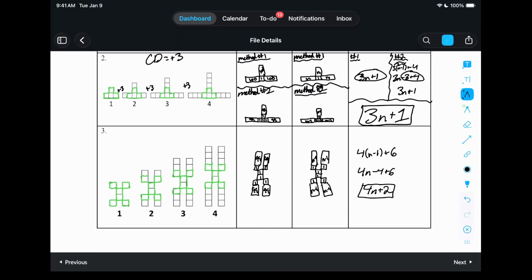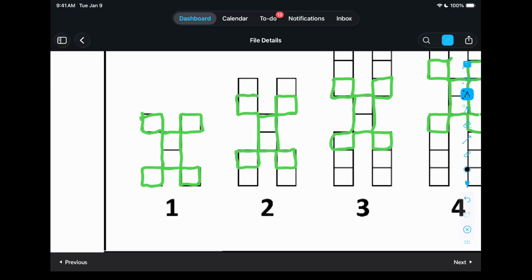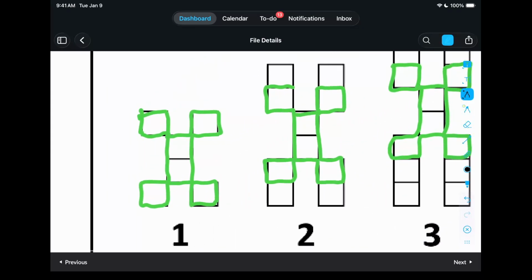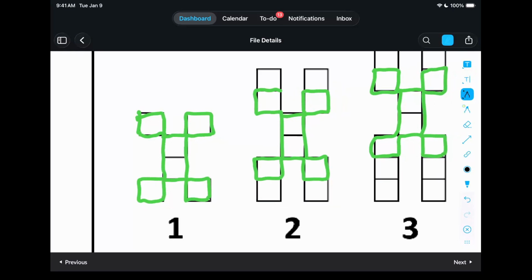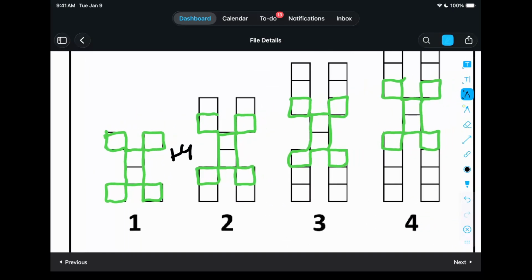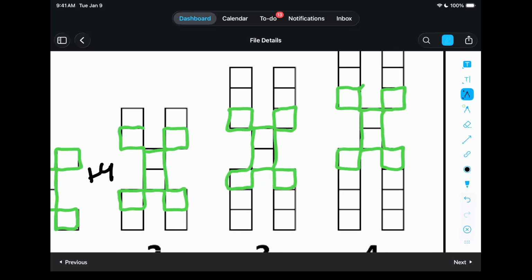Oh, hold on. I almost forgot the common difference again. C, D, bang. So, here we have our figure, and each of our branches is 1, and there's 4 branches, so it looks like a plus 4. Because there's 6, 7, 8, 9, 10. For number 3, 6, 7, 8, 9, 10, 11, 12. So it looks like another plus 4.